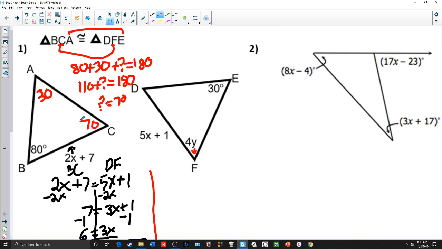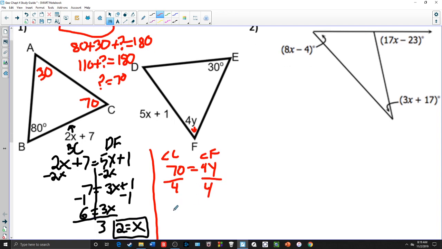Well, now that I know what C is, now I can finish this up here. So angle C is 70. That's going to match up with angle F, which is 4y. So angle F is 4y. And then now I can just divide both sides by 4. And I get 17.5 is equal to y.